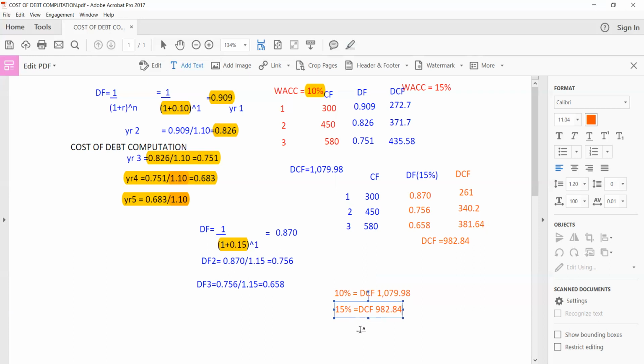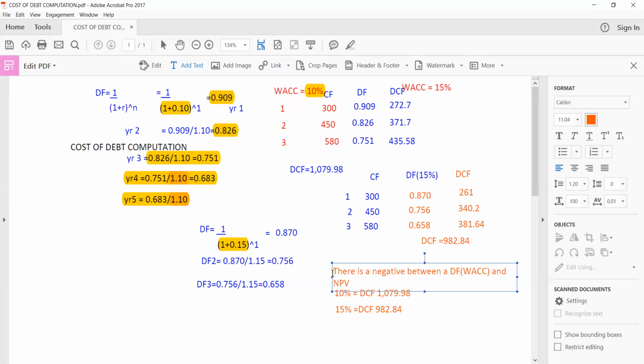So that is why we tend to say that there is a negative relationship between a discount factor, which is also called the WACC, and let's just say NPV or even cash flows.